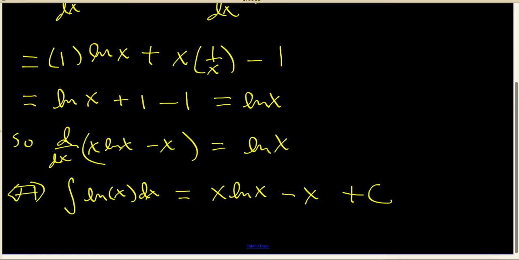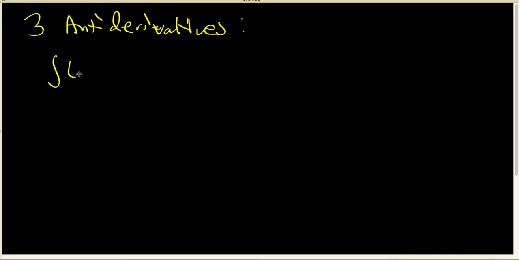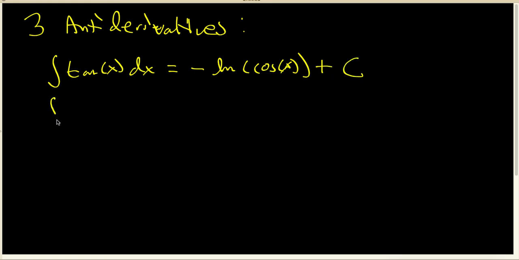So to tie this up, we have these 3 antiderivative facts to add to our list of antiderivatives. The antiderivative of the tangent of x can be written as minus the log of the cosine of x plus any constant that you want to add.